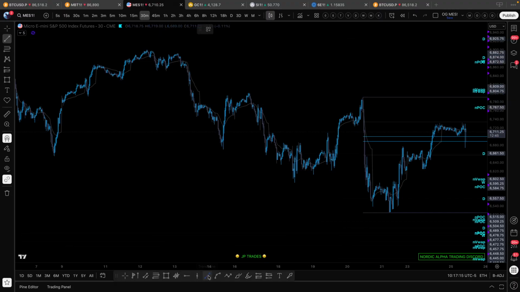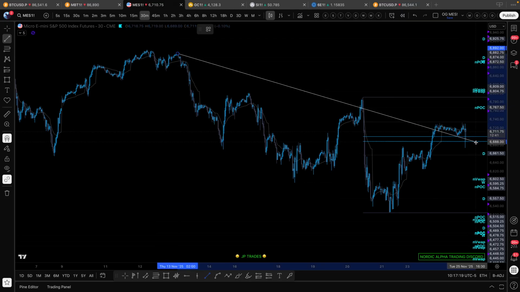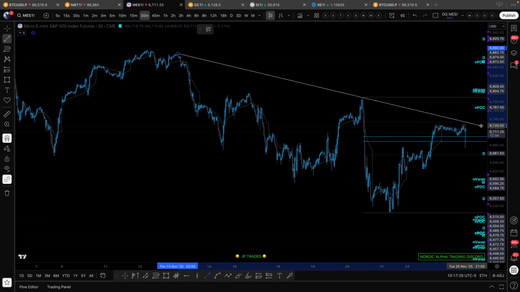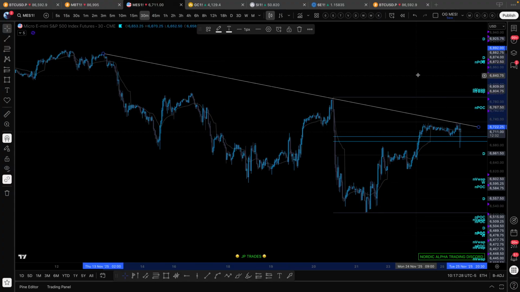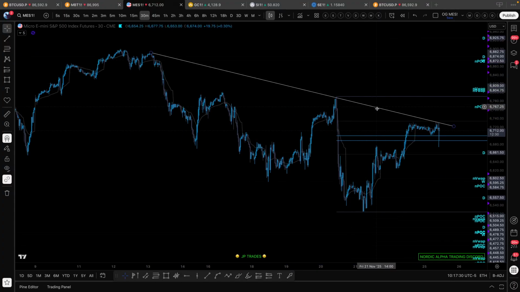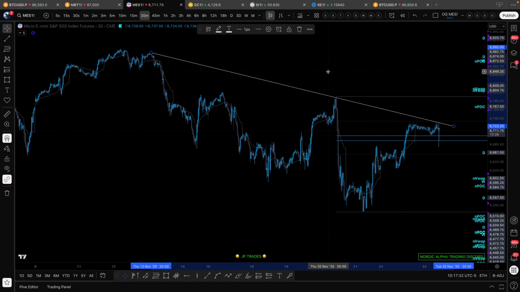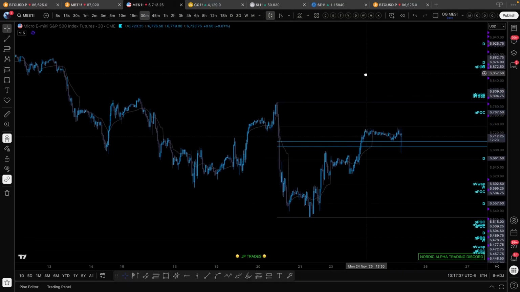So these might just be deviations of that channel there, and that's a pretty clean tap as well. So that gives us a little bit of confluence for those who like to use channels or trend lines.